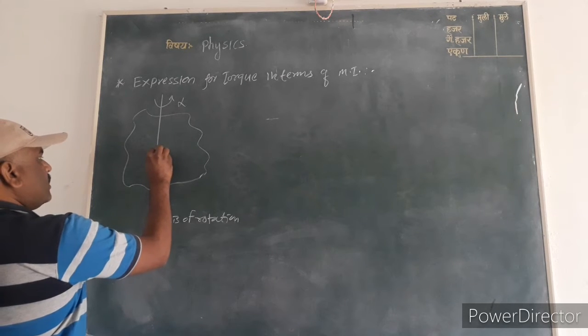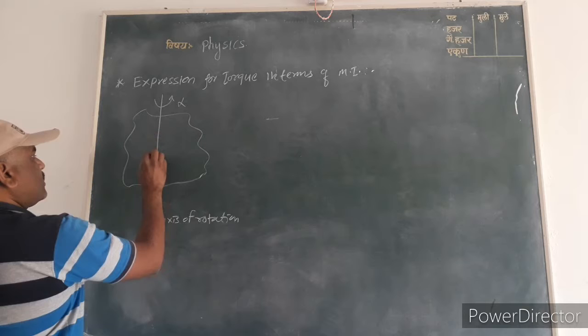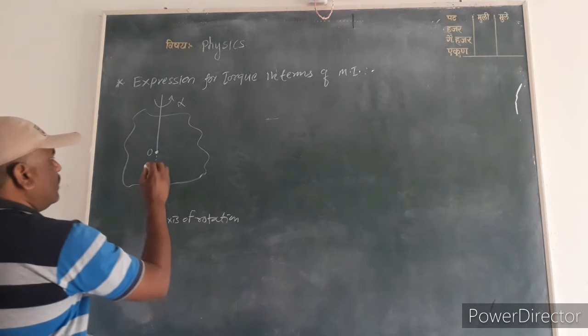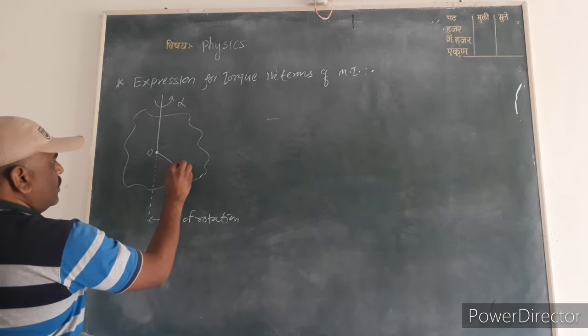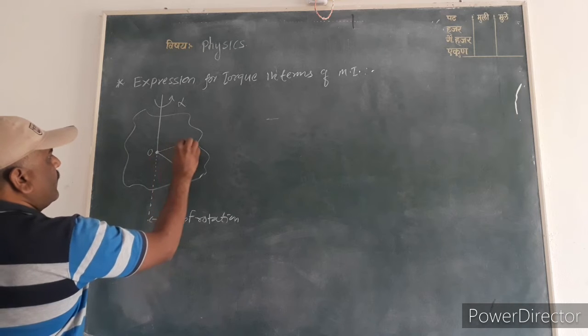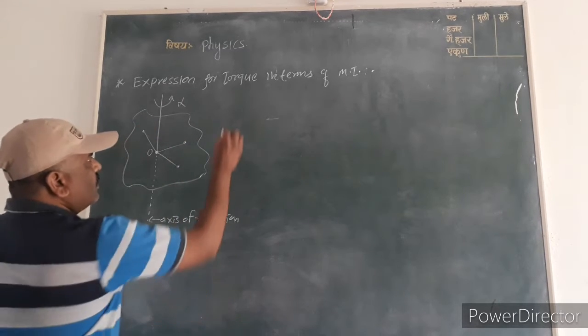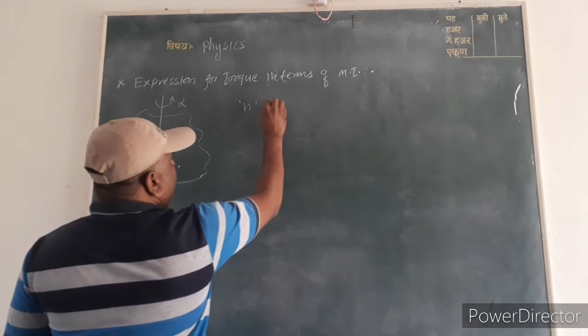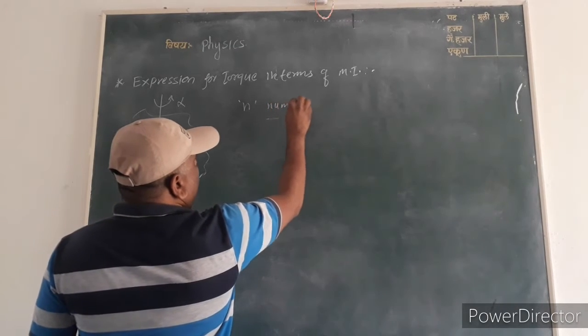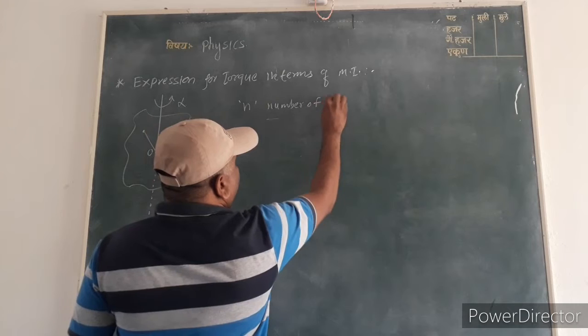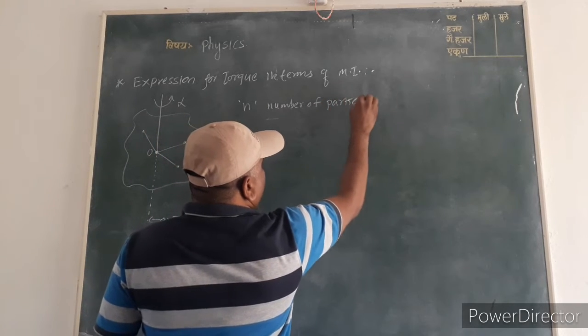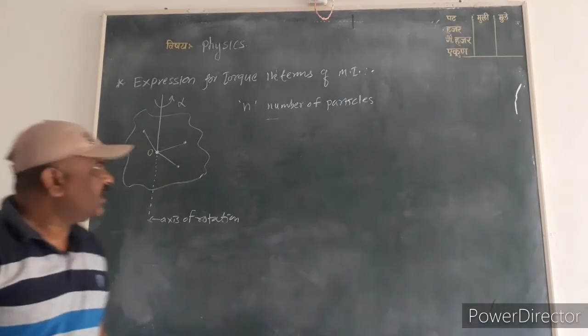Also, suppose this is the center of that axis of rotation, and this rigid body is made up of n number of particles.